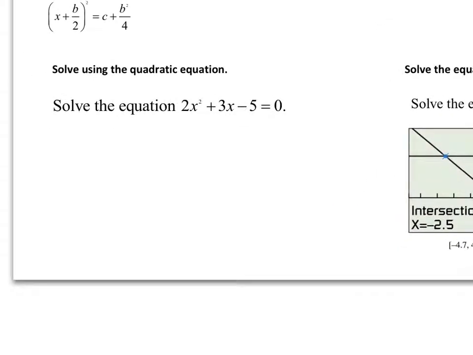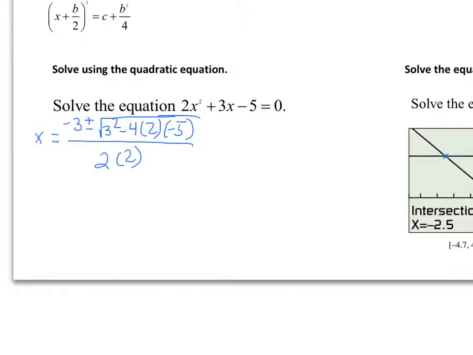So, it says solve using the quadratic formula. So x equals negative b plus or minus the square root of b squared minus 4 times a times c, all over 2 times a. So x equals negative 3 plus or minus the square root of 49, divided by 4.